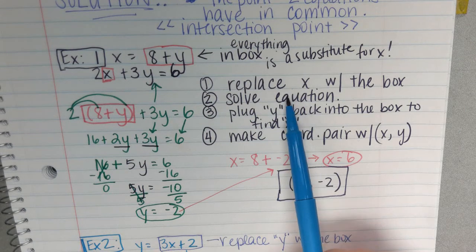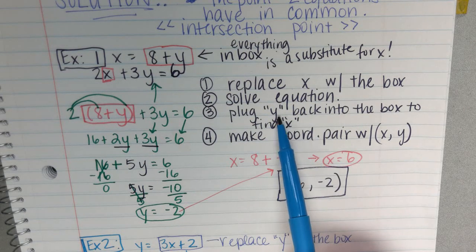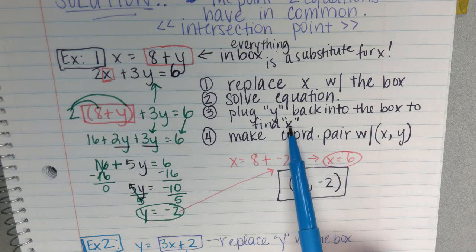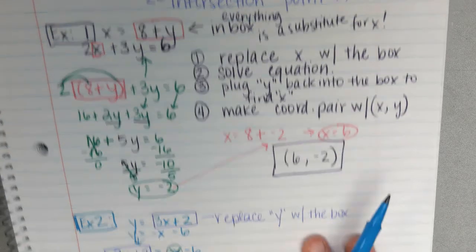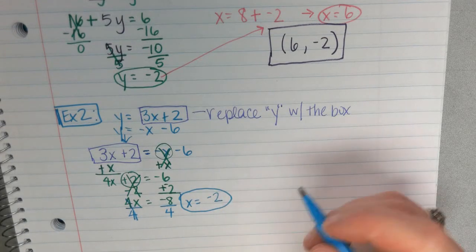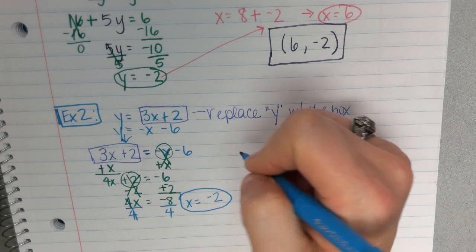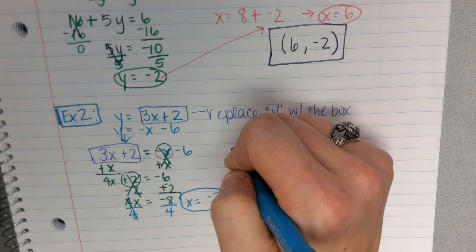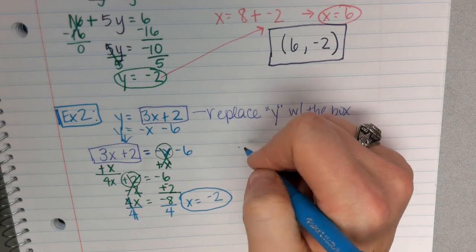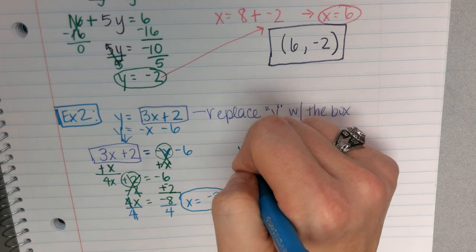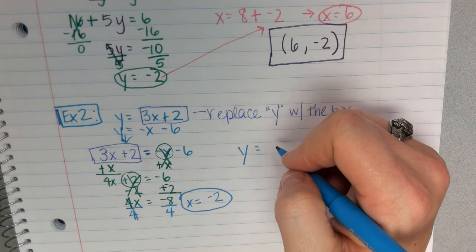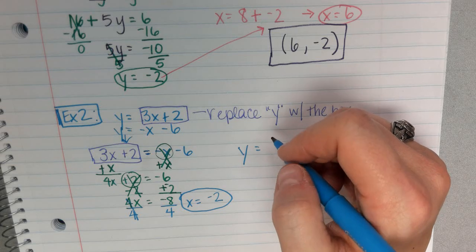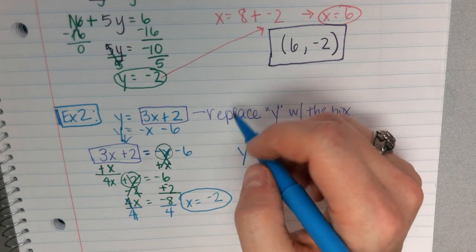So if we look back at our steps, we solve the equation, and now instead of plugging the y back into the box to find x, we're going to plug the x back in, because that's what we have here, to find y. So we have y equals negative x minus 6.